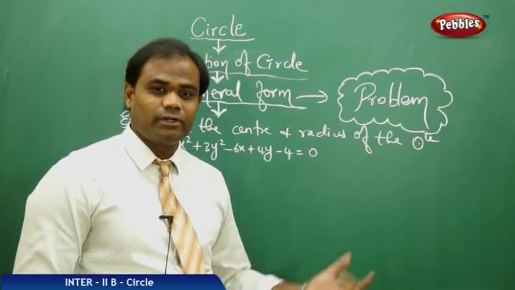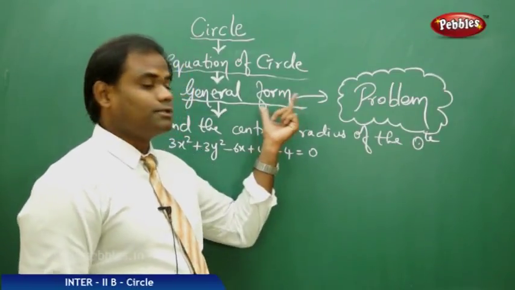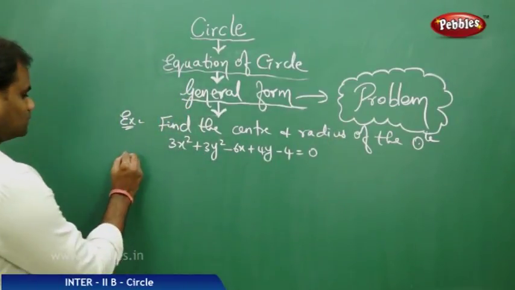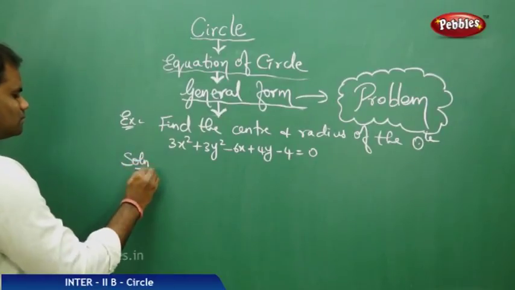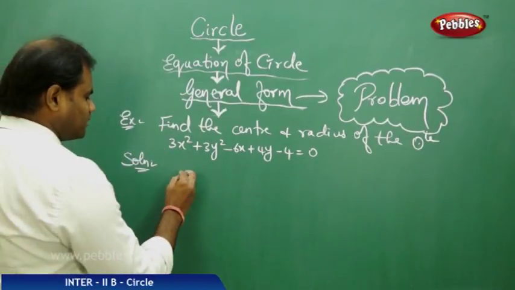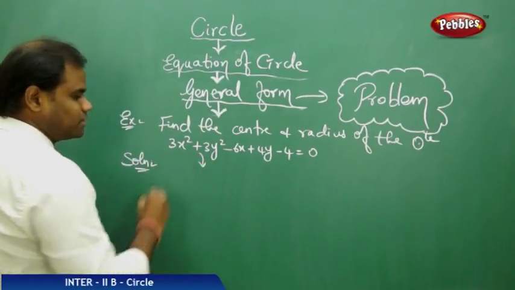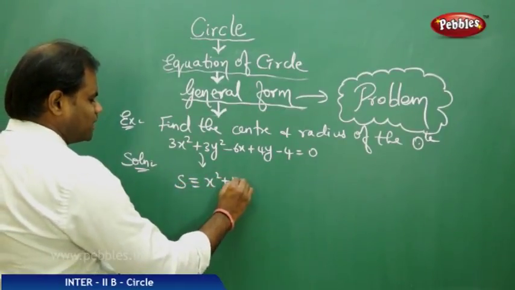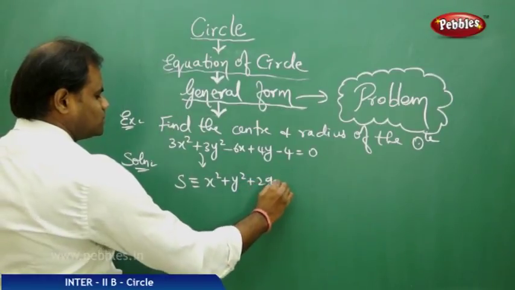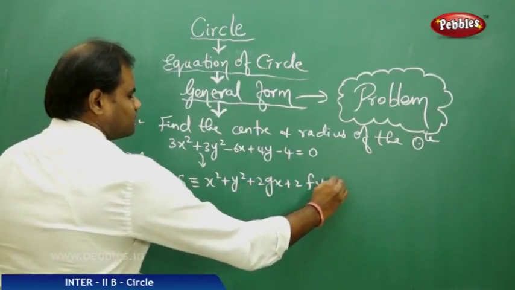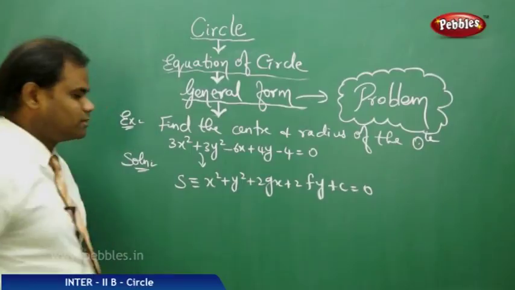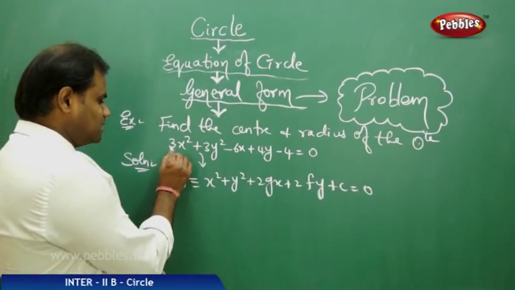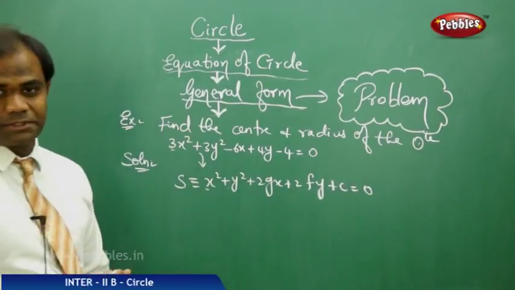So let's see how we can do this problem using the general form of the equation of a circle. When this equation is compared with the standard form x squared plus y squared plus 2gx plus 2fy plus c equal to 0, I clearly see that the coefficients do not match.